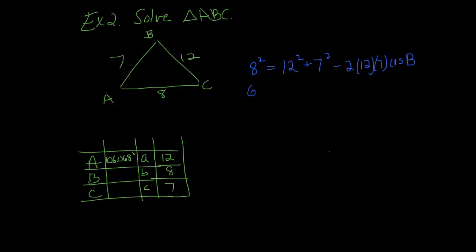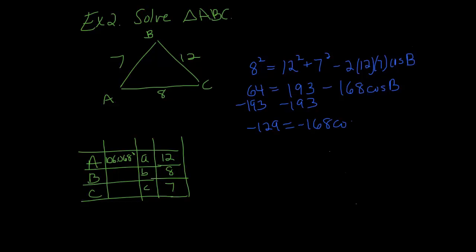Okay, now it's time to just simplify and do calculations. So let's see, 12 squared plus 7 squared is 193, and 2 times 12 times 7 is 168. I'm going to start getting the cos B by itself, so subtracting the 193. And now dividing by negative 168.